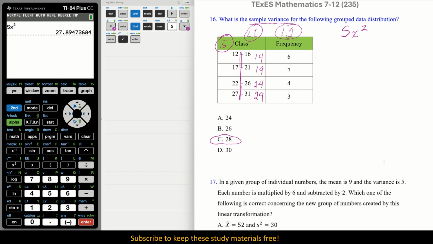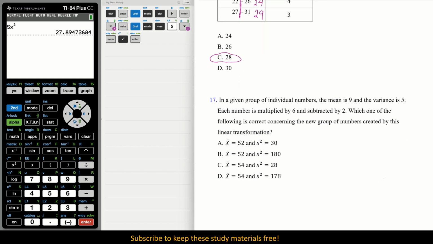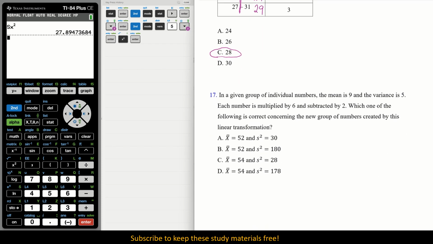Okay, all right, let's go to number 17. What does this say? You're going to have to remember a few things about what is actually happening. In a given group of individual numbers, the mean is 9. That's important, and notice we don't have the numbers.